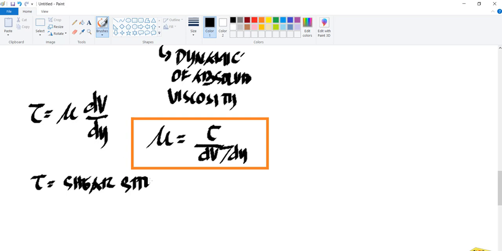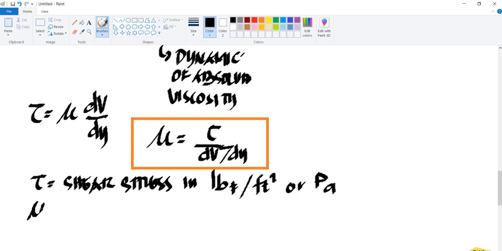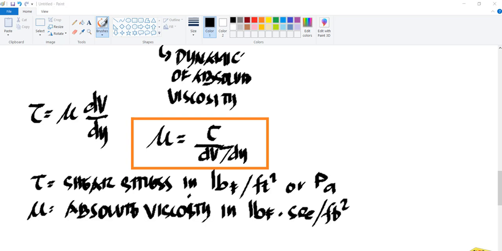So shear stress is in pound force per square feet, or Pascal, and this symbol is mu, the absolute viscosity in pound second per square feet.